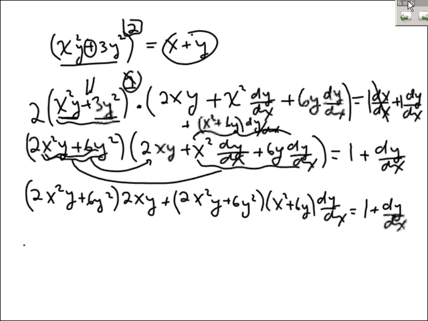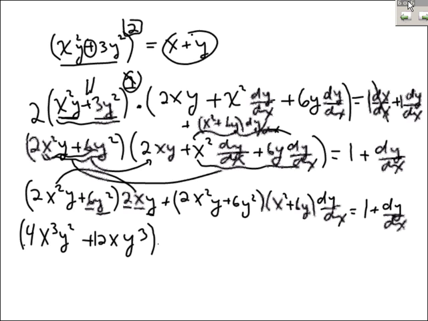So I'm trying to decide if we should really multiply out, but let's do it. This times this is 2 times 2, x squared times x, y times y, plus 6 times 2 is 12 times x, and y squared times y is y cubed, plus 2x to the 4th times y, plus 12 x squared y squared.